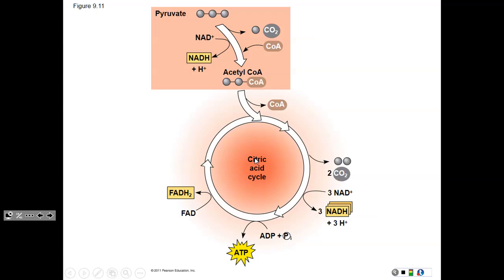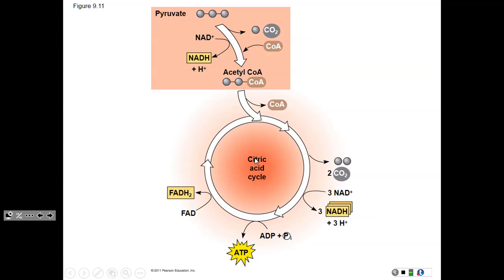In the citric acid cycle, what's going to happen is we're going to take that 2-carbon acetyl or acetate. We're going to kick off 2 1-carbon carbon dioxides, right? So we're going to convert all of those 6 carbons of the glucose ultimately into carbon dioxide gas, a total of 6.